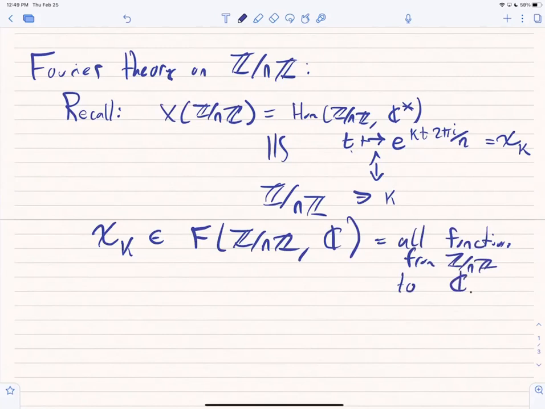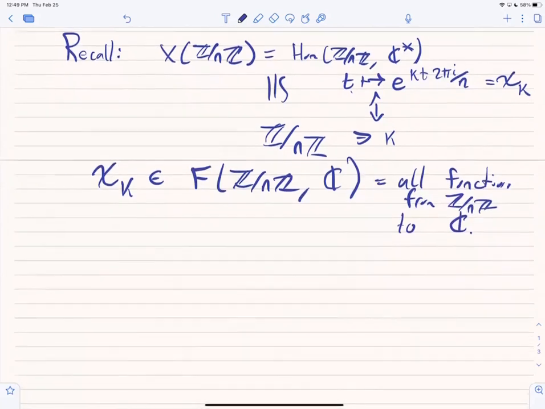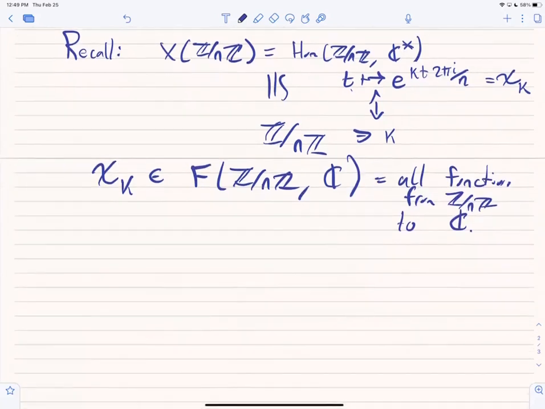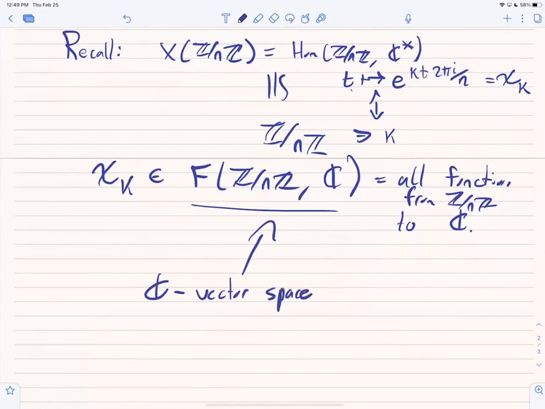A character is in particular a function that satisfies some nice properties, but in particular it's just a function. So this is a complex vector space. What's the dimension of this complex vector space?